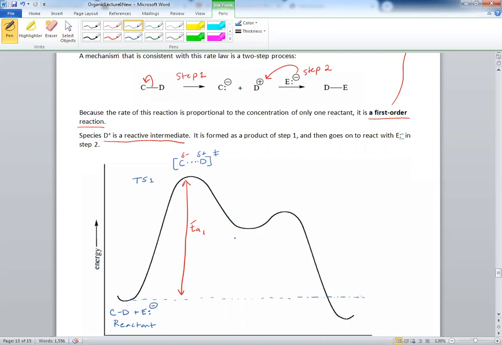So we have C minus, and we have D plus, and of course, E minus. These are our intermediates right there.